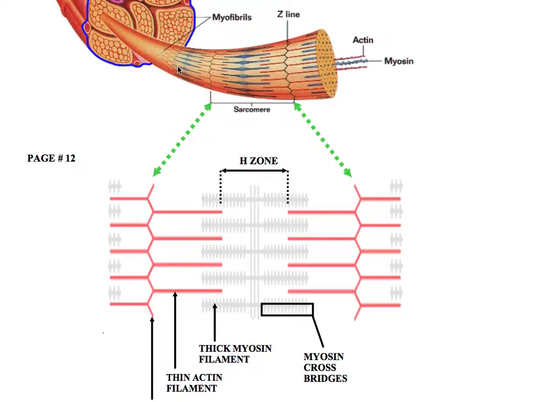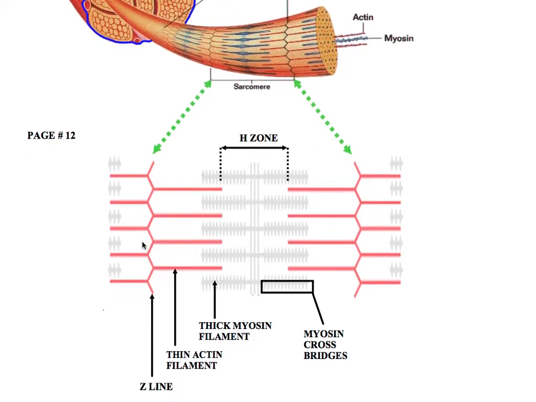So the labels that I want you to understand when we're looking at the sarcomere are the sarcomere itself, which is the functioning unit of the muscle. It's defined by two end Z lines. Within those Z lines, we have two different types of filaments, thin actin on left and right, and we have thick myosin in the center.